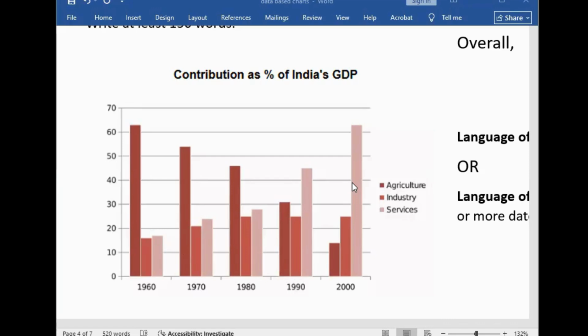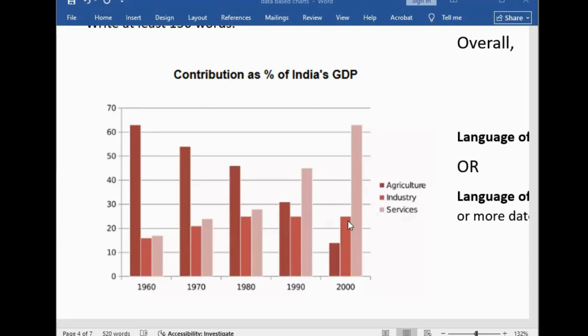I'm going to mention that in my overview. What of industry? The industry is the one in the middle. It was about, let's say, 16.5% in 1960. It increased in 1970, increased in 1980, remained constant in 1990 and 2000.